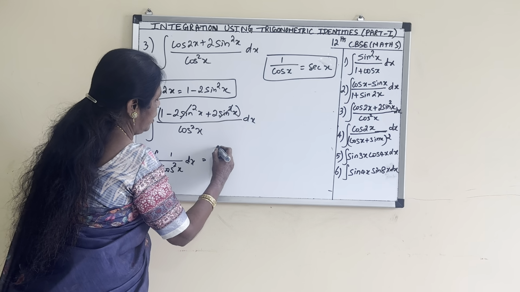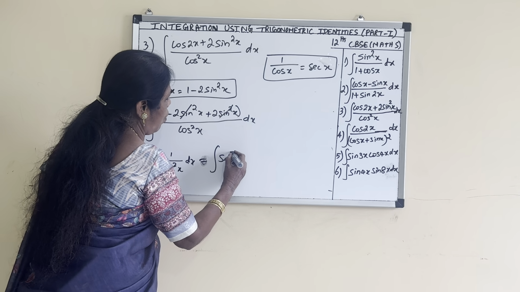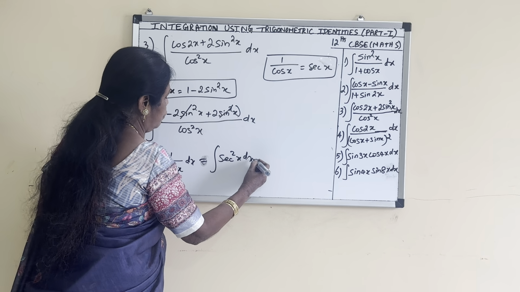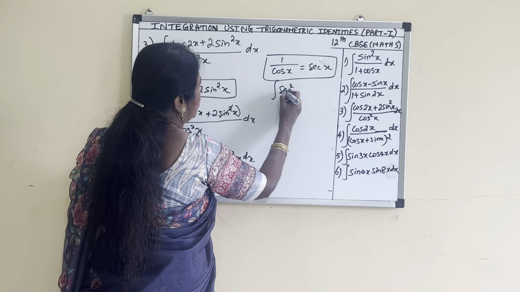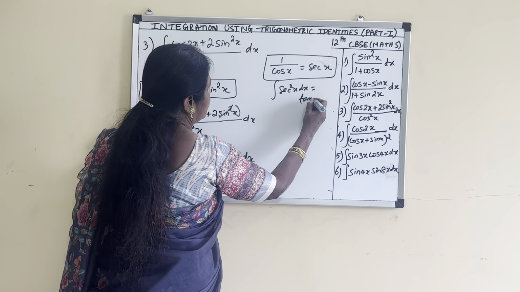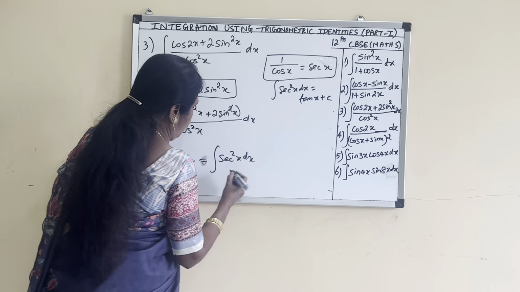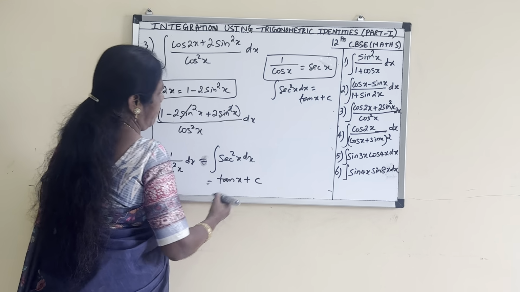So that is integration of secant squared x dx, which is equal to tan x plus c. So I am substituting here, that is tan x plus c.